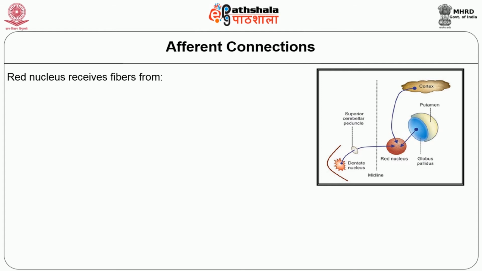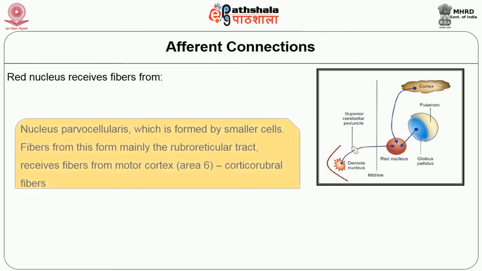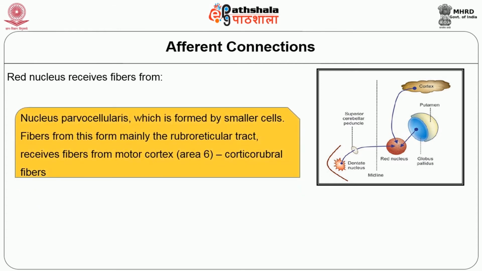The red nucleus receives afferent fibers from nucleus parvocellularis, which is formed by smaller cells. The fibers from this form mainly the rubroreticular tract. It receives fibers from motor cortex, that is cortico-rubral fibers.